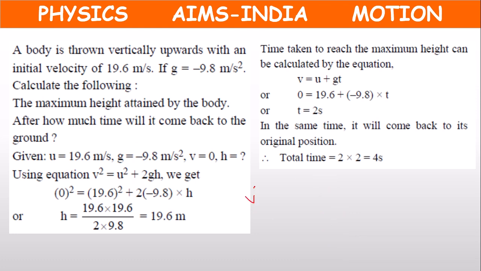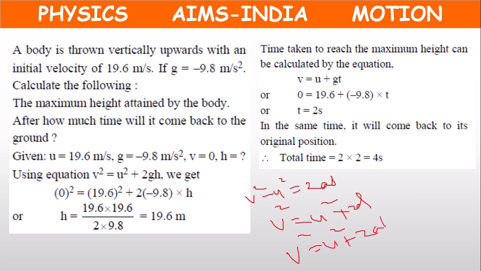We have the formula V square minus U square equal to 2AS, or V square equal to U square plus 2AS, or V square equal to U square plus 2AH, or in the place of A we can take g, 2gH. So V square equal to U square plus 2gH.